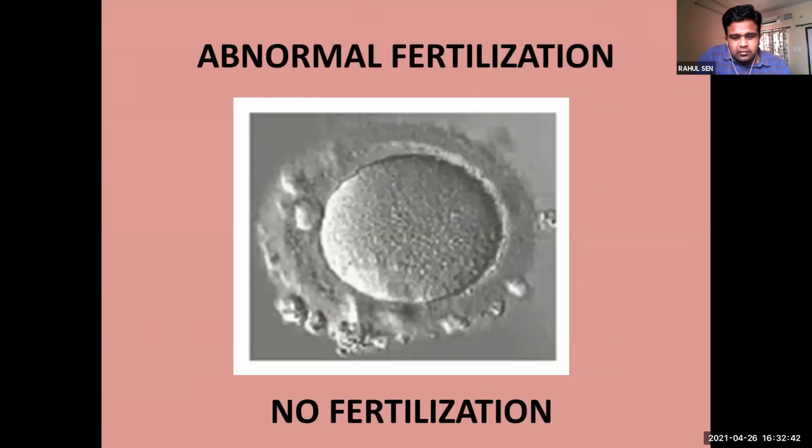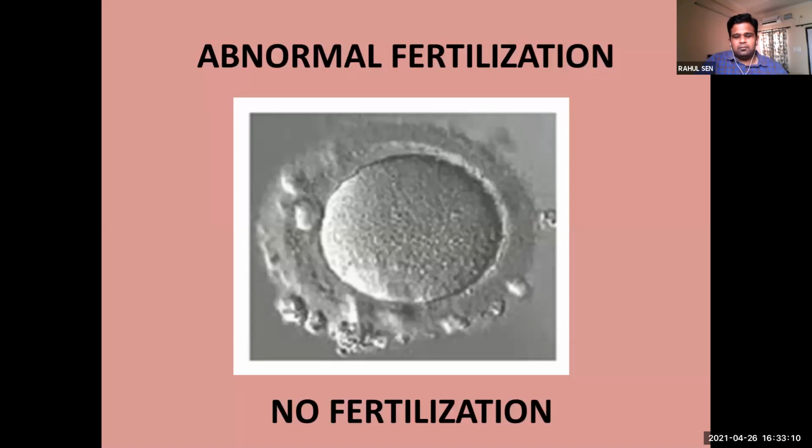And another form of abnormal fertilization, which is the most dangerous, I would say a nightmare for an embryologist or any ART practitioner, is no fertilization at all. It means we have done all the work, we have done the fertilization on day 0, and the next day, coming in the early morning, we see no PN at all.